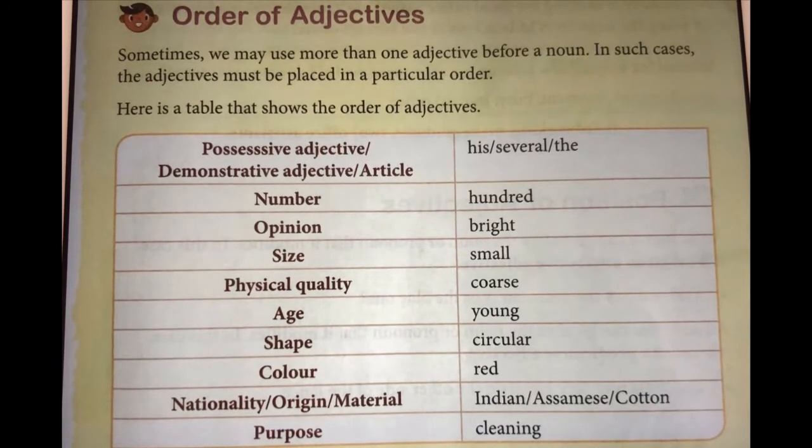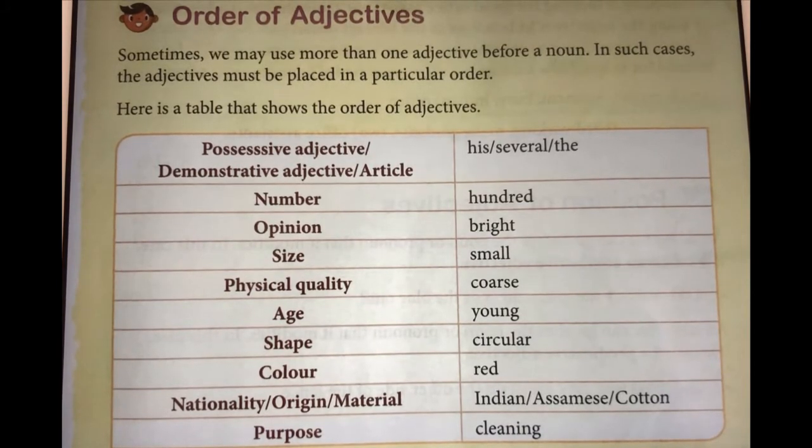Then if you have any color, as in colors like red, blue, pink, black, white, etc. Any color. Next you will write nationality or origin or material. Nationality can be like Indian or it can be Bangladeshi. If you have origin like Assamese or any other origin, then if you have material like cotton or silk or any kind of material like this, you will write it after the color.